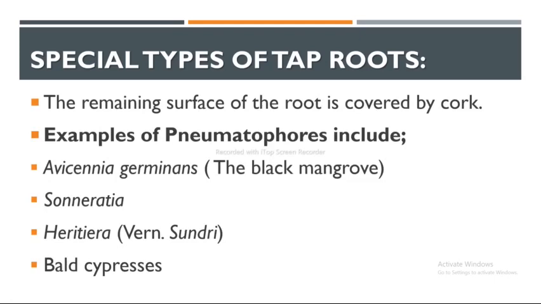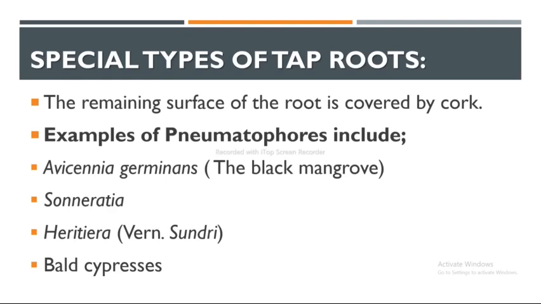The examples of pneumatophores include Avicennia germinans, which is also known as the black mangrove, and Sonneratia. Third example is Heritiera, vernacular or common name Sundri.